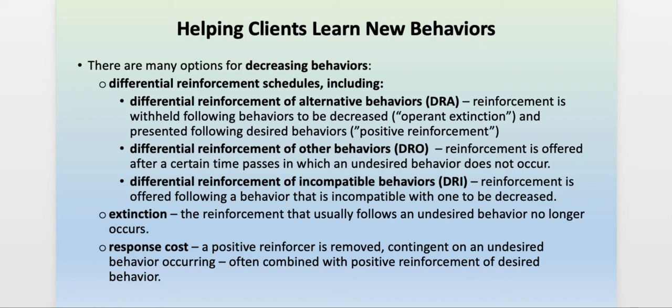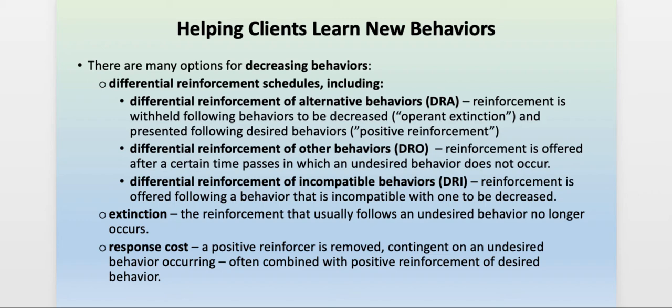Differential reinforcement of incompatible behaviors. You're reinforcing a behavior that is incompatible with the one that you want to decrease. So sometimes there is, for instance, a person who has difficulty relating to other people, and who isolates himself, by staying in a corner, for instance.